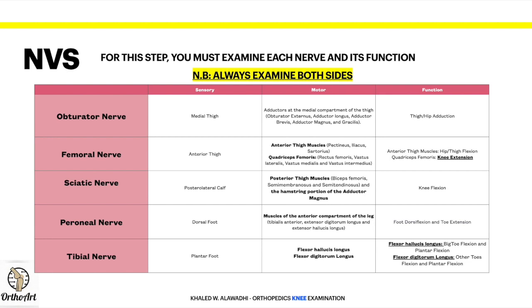So I basically made this table just to summarize everything with regards to the nerves, to make it easier for you to memorize the nerves and to understand how the neurovascular examination of the knee works. So the obturator nerve innervates the medial thigh.